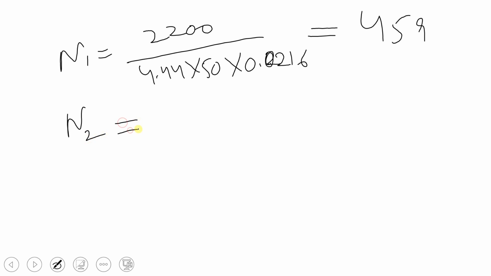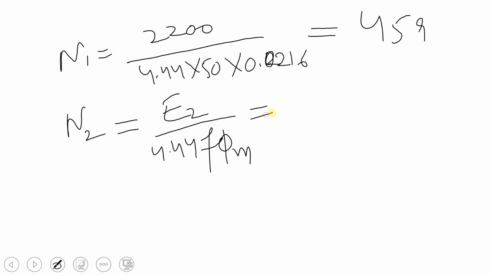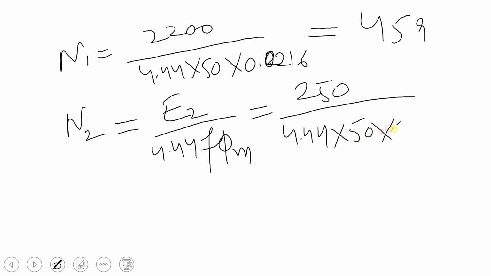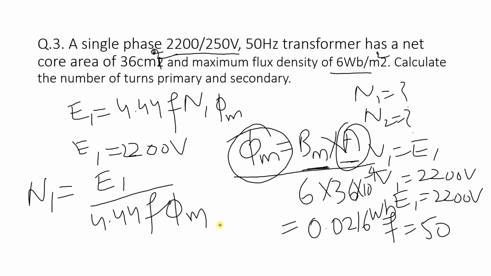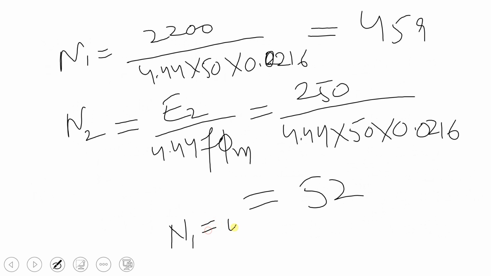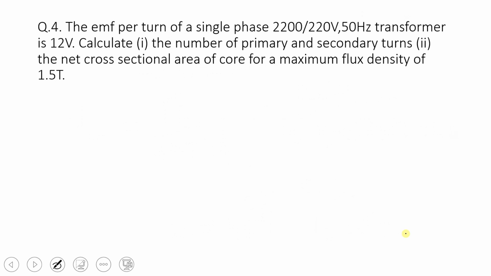Then N2, similarly, is E2 upon 4.44 f phi max. E2 is 250 upon 4.44 into 50 into the same value, and we will get 50. So N1 is equal to 529 and N2 is equal to 50. So this is how we solve the numerical.